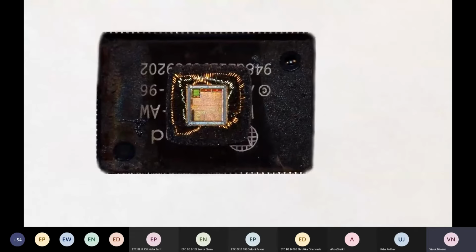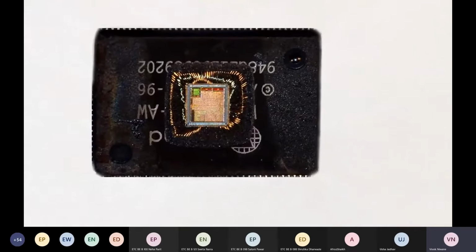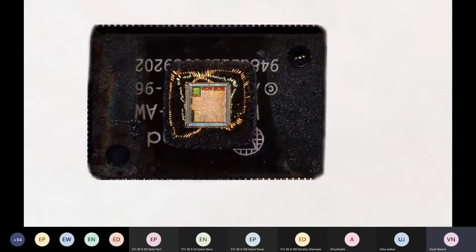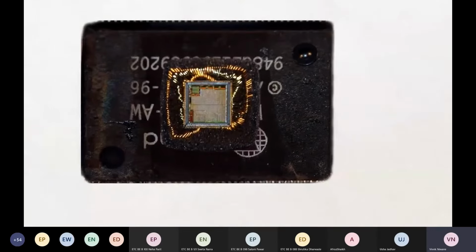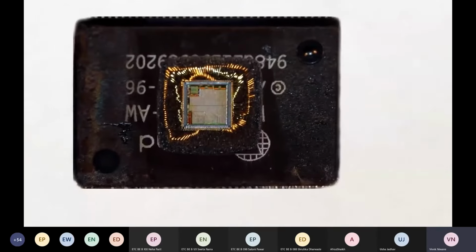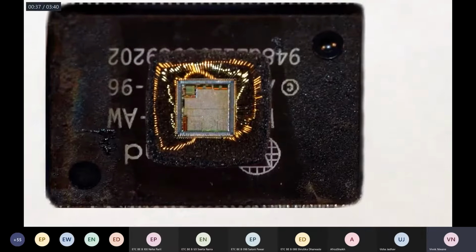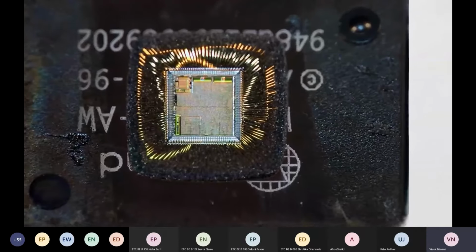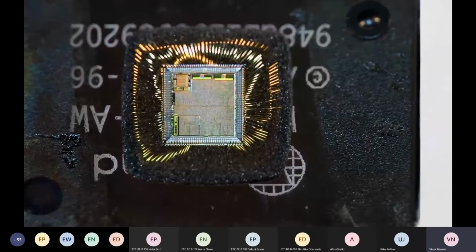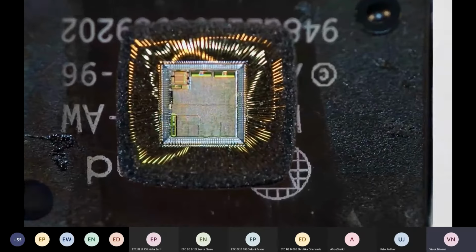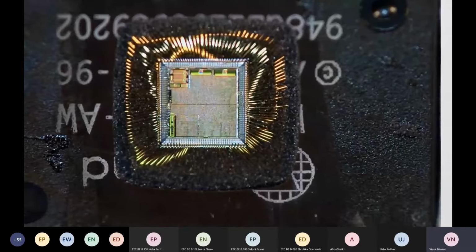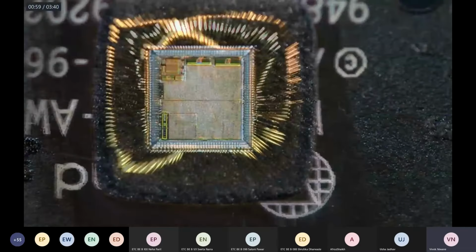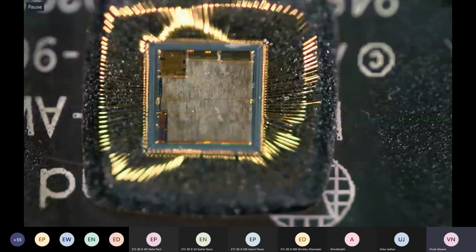So this chip is being scanned by an electron microscope. We are going to go into the chip and let us see how it looks. Can you see some wires running over here?